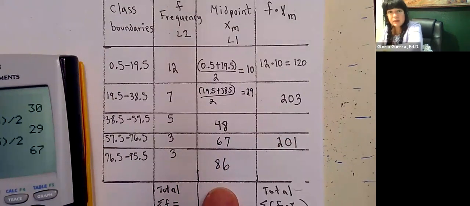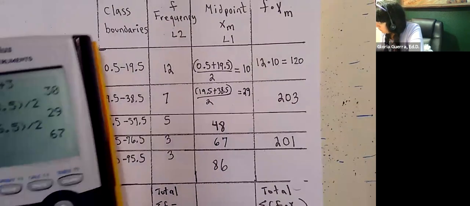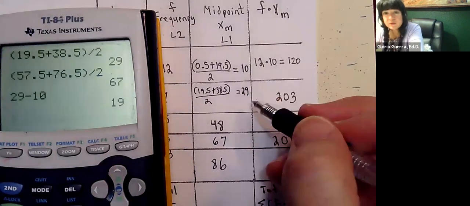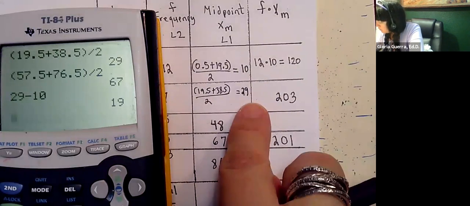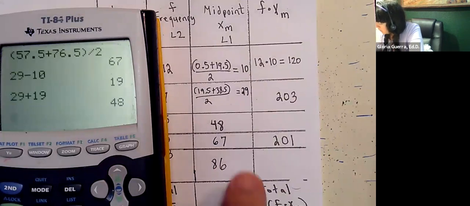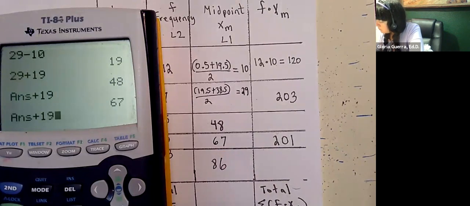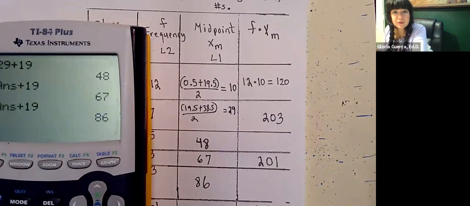If I do the difference, there should be a pattern, right? 29 minus 10, the difference is 19. So 19 plus 29 gives me 48, plus 19 gives me 67, plus 19. Yeah, so if you want to check your work, you can, in case you made a mistake.